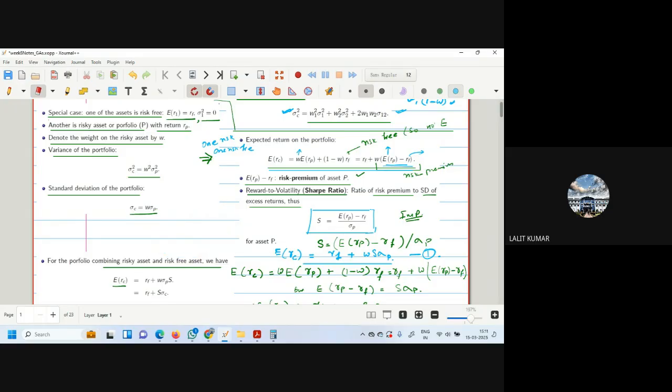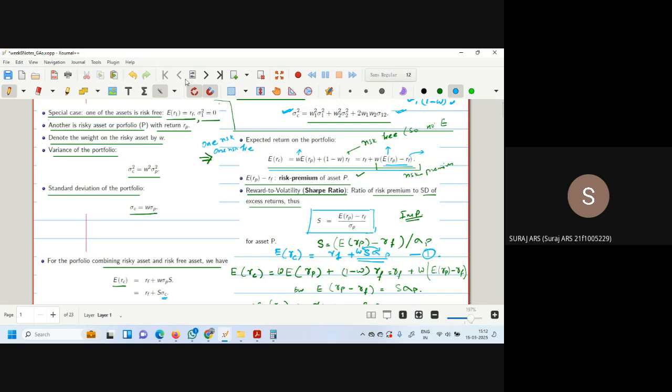Is this clear with everyone? And this W into sigma P can also be replaced by sigma C. Is that okay?